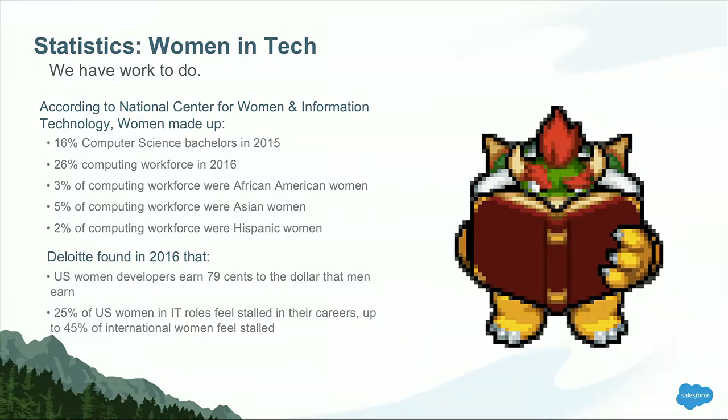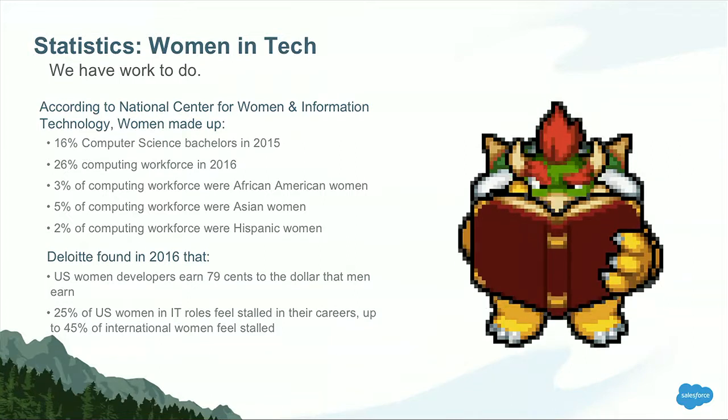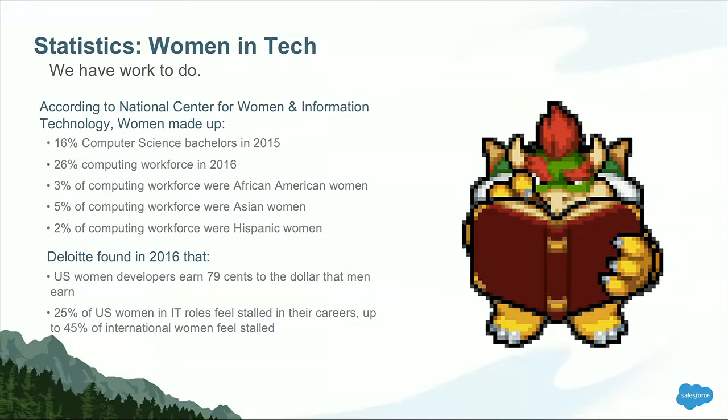Adding insult to injury, though, Deloitte found in 2016 that U.S. women developers earn only 79 cents to the dollar that men earn, and 25% of U.S. women in IT roles feel stalled in their careers. It's even worse when we talk about the international women, because 44% of them feel stalled in their careers. So that's just miserable. But besides being absolutely horrible, why is any of this important?